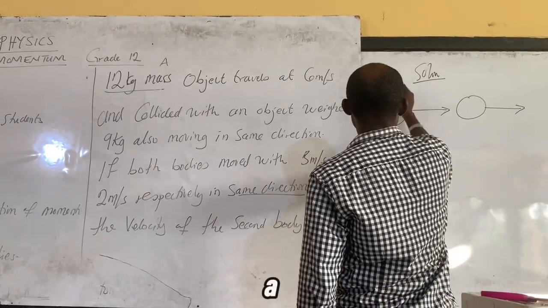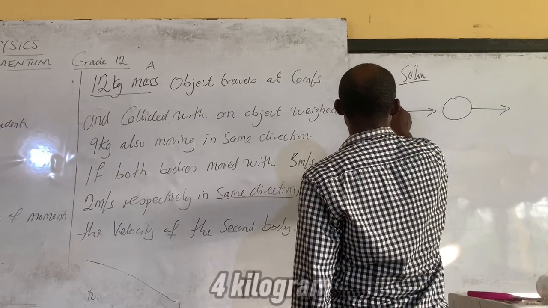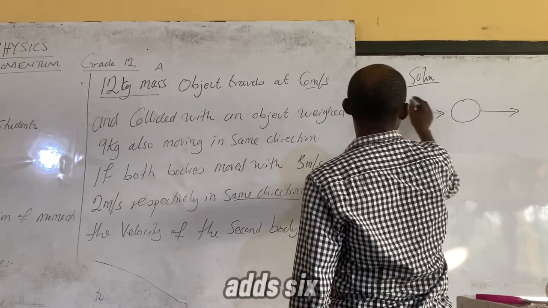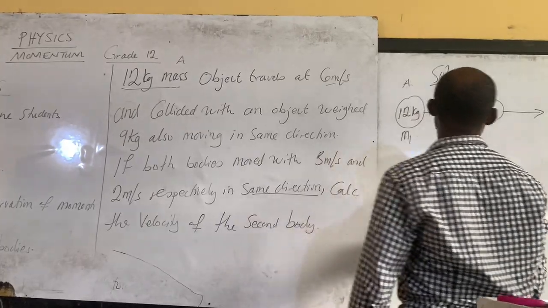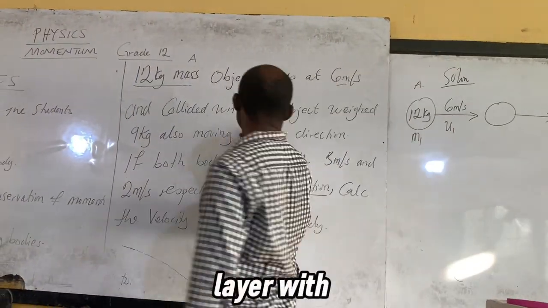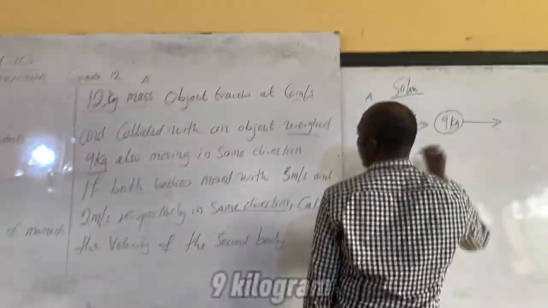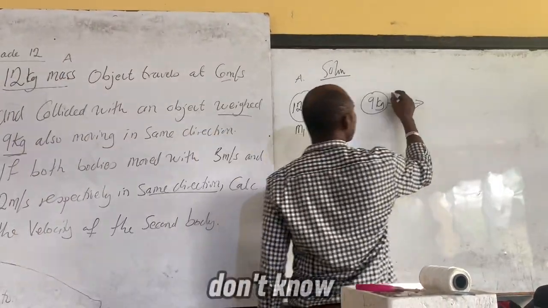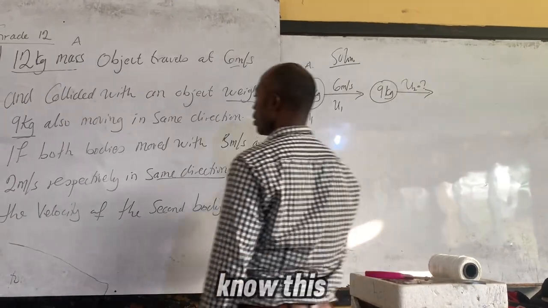So body A, 12 kilogram the mass, M1 is here, at 6 meters per second, U1, collided with another object of 9 kilogram, moving in the same direction. We don't know this.